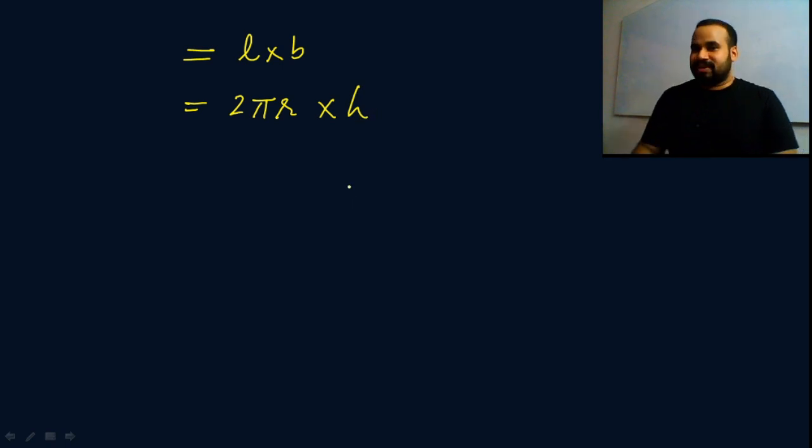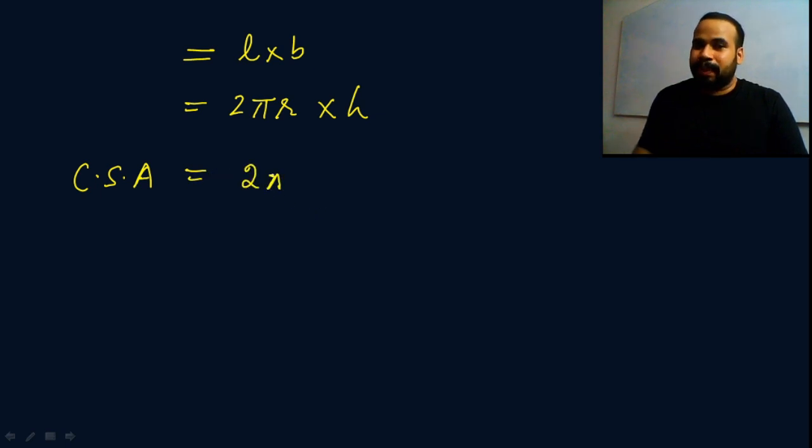We know that the area of any rectangle is length into breadth. So this becomes 2 pi r, which is the length, into h, which is the height. So the curved surface area of a cylinder is 2 pi r h.